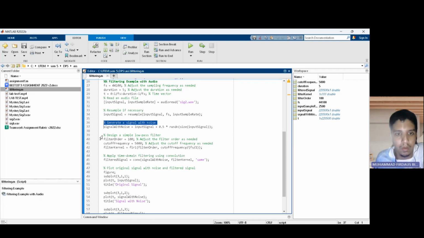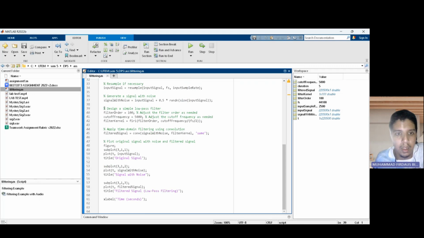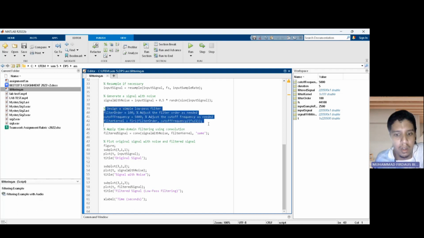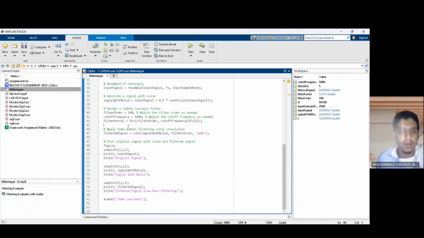In this line, it specifies the filter order and cutoff frequency for a low pass filter. This function designs the filter kernel. And this line applies time domain filtering using convolution.